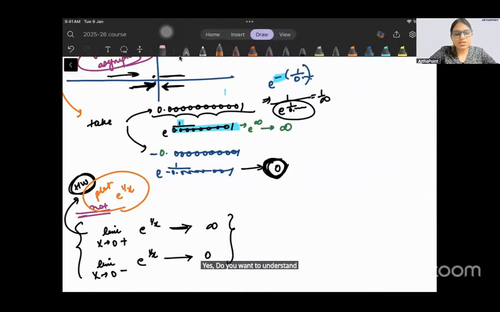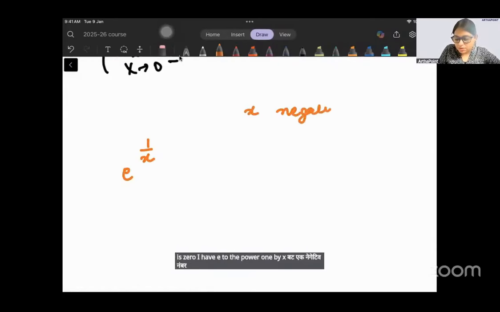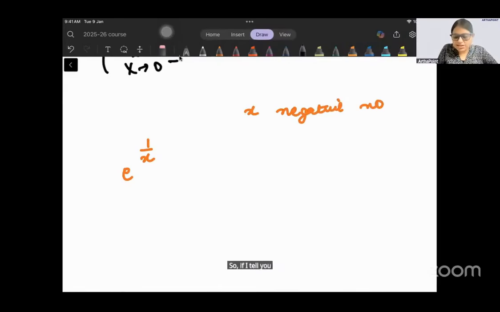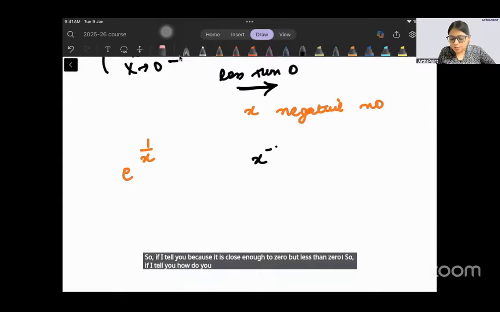Do you want to understand this again? Is this a doubt or you only how it is 0? See, I have e to the power 1 by x, but x is a negative number. Because it's close enough to 0 but less than 0. So if I tell you, how do you write x to the power minus 2?